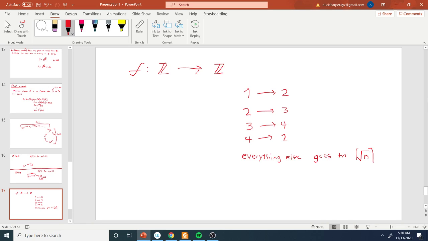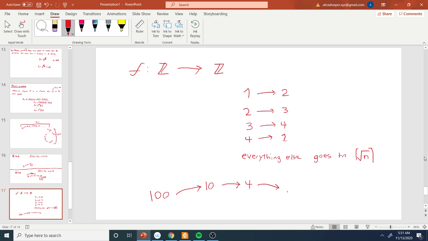So let's do a simple example. 100: well, the square root of it is 10, so the ceiling of the square root is 10. And then the ceiling of the square root of 10 is 4. So it goes to 4.